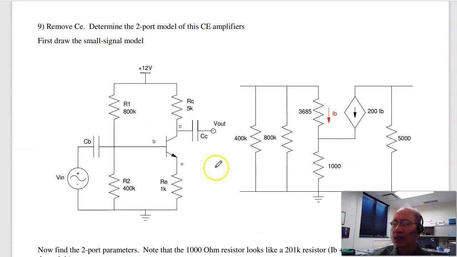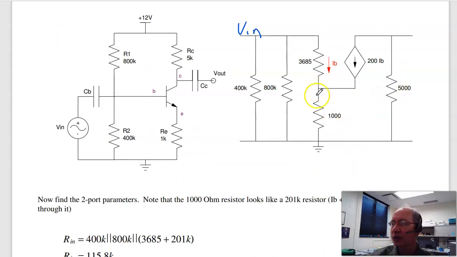Number 9 is remove this capacitor right here and see what happens. If I do that at the input, I see R2 to ground, R1 to ground. So here's Vin. Base to emitter, I've got a diode, which is RF. Emitter goes to ground through 1K. Emitter goes to collector through beta IB. Collector goes to ground through 5K. So there's your circuit equivalent.